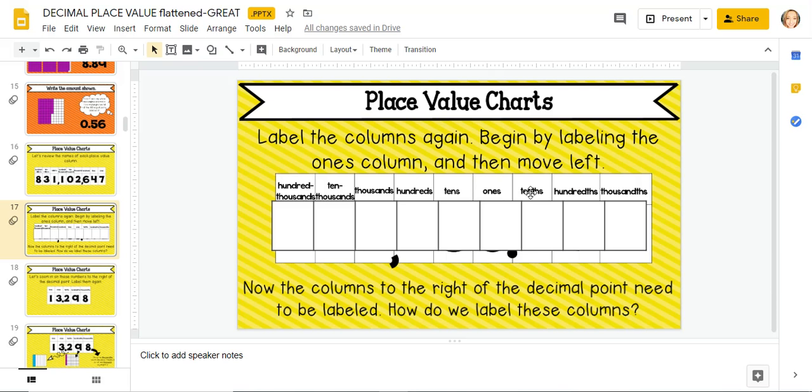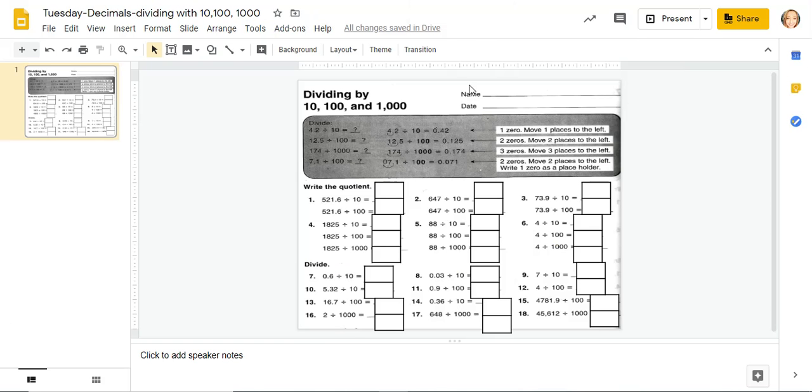So if you move one place, it's 10 times the place in front of it. If you move over 2 places, it's 100 times the value of that number. If you move over 3 places, it's 1,000 times the value of that place number.